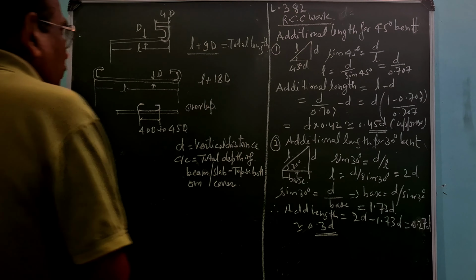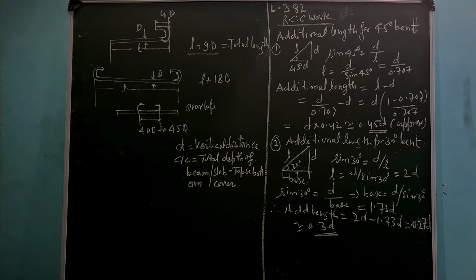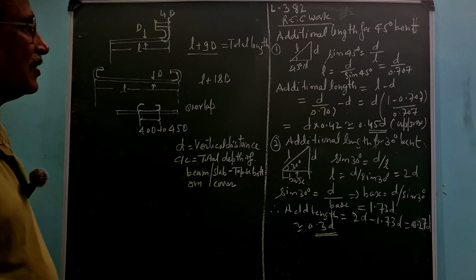So we'll go for the RCC estimation, or schedule of RCC reinforcement, that we have to do. In this lecture we will try to explain how the bars will be used, and if a bar is bent, how much extra length will be taken.